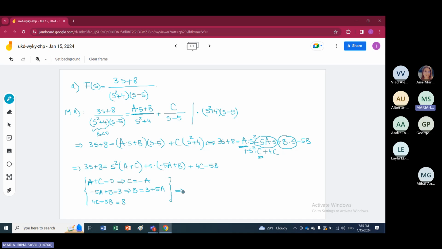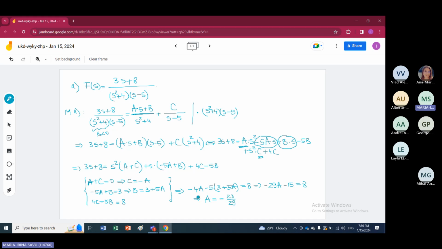So using now the last equation, we get that 4 times minus a minus 5 times this one is 8. Okay, so you have minus 25a minus 4a, minus 29a minus 15 is 8. So you have here 23, so a is minus 23 over 29.